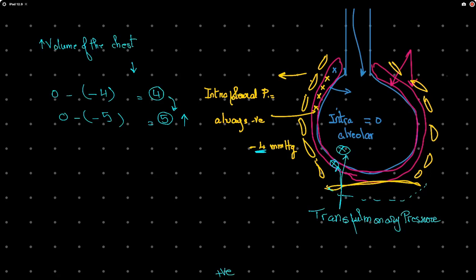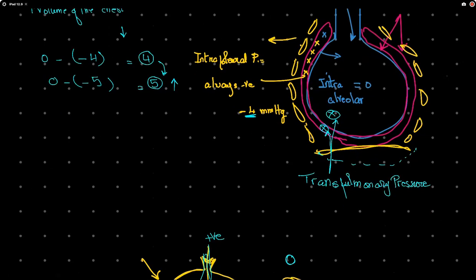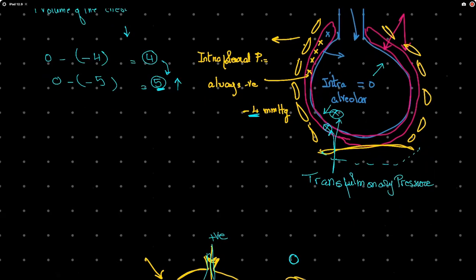If the pressure that keeps my lungs inflated has increased, what happens to my lung volume? Remember, when the pressure that keeps your lungs inflated increases, it's going to increase the volume of your lungs. So I have an increase in the volume.